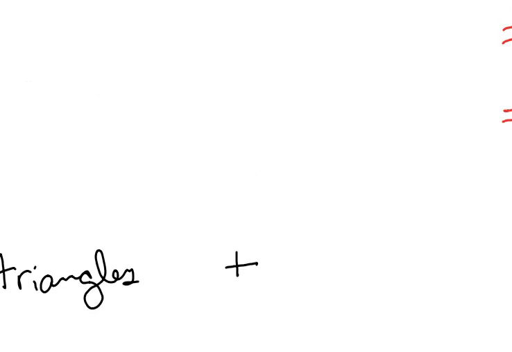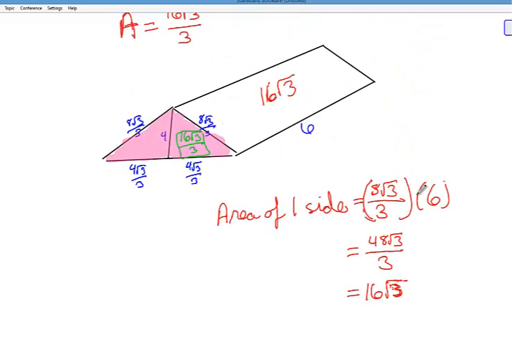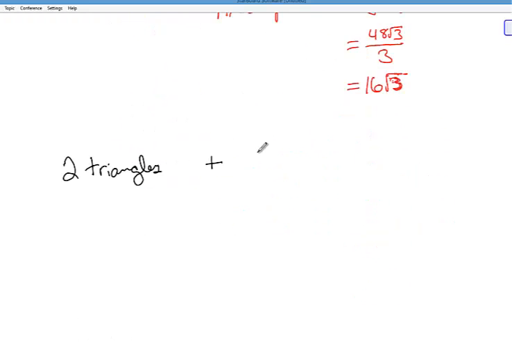And if you look at it, we're going to have 1, 2, and then 3 sides because we've got one on the bottom. So we have 3 rectangles.